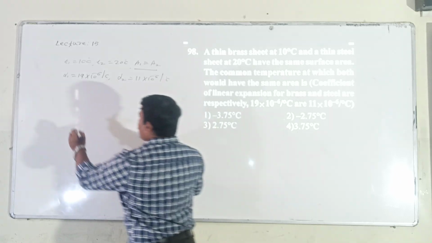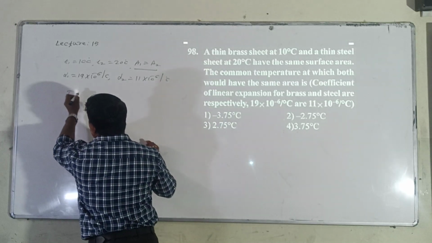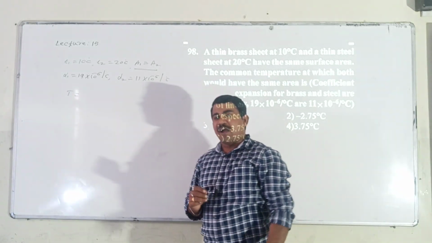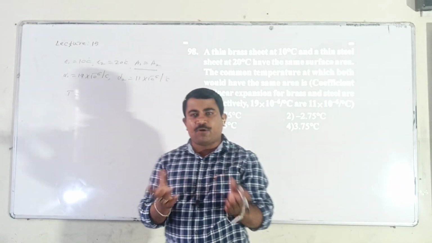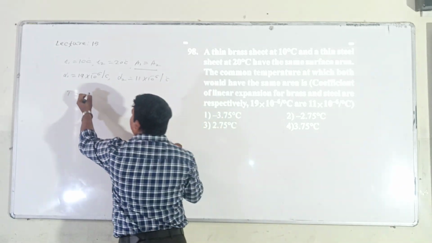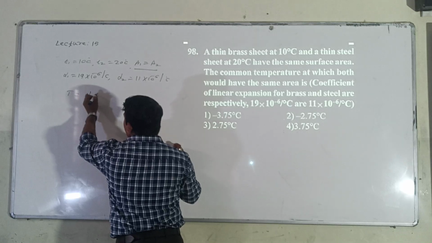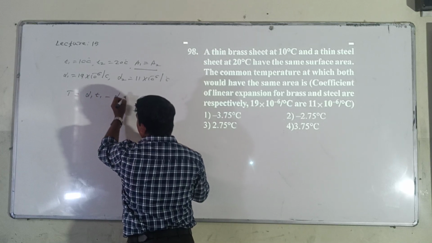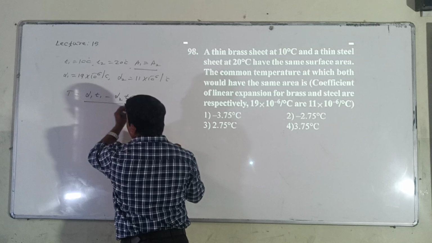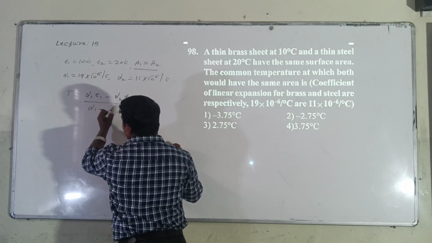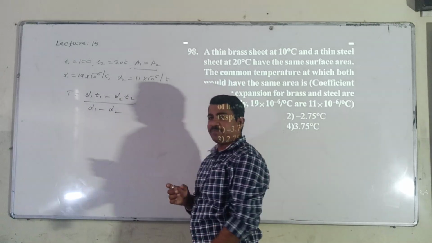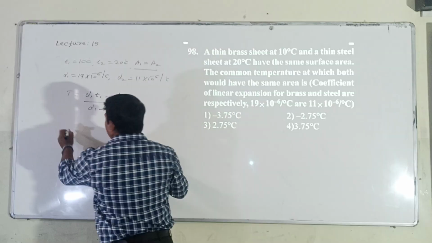Right? We know the common temperature developed when both materials have the same area. See here, we already obtained the common temperature in the synopsis. The common temperature is the same either for equal length or for equal area. It is alpha 1 T1 minus alpha 2 T2, whole divided by alpha 1 minus alpha 2. Right or wrong? Put all the values.